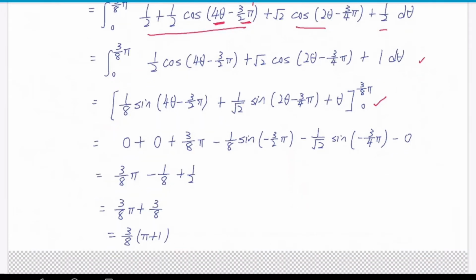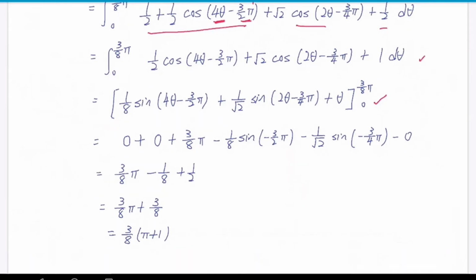After that, we should be able to prove that the area is given by this value. The good thing is that they give us the value that we need to prove, so we know whether we are correct or wrong at the end. It's just some integration work that we need to do very carefully. All right. So the next one.